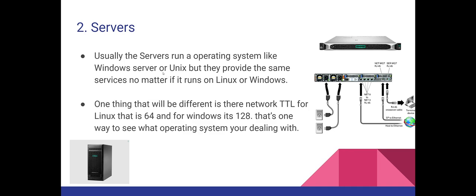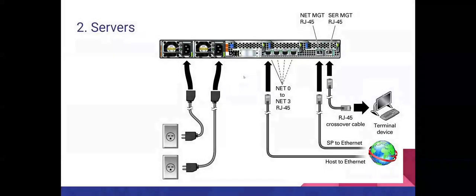One thing to remember about TTL is that for Linux it's 64, and for Windows it's 128. That's one of the ways you can easily determine what kind of system you're dealing with. And here's another picture of how things should be plugged in, and how it looks from the back.